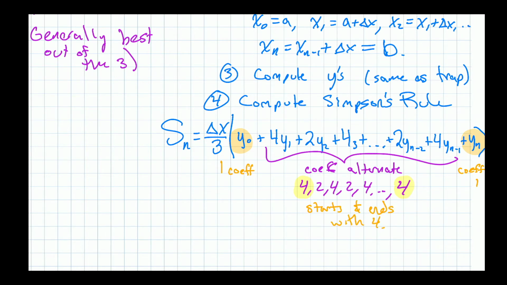So in the formula for Simpson's rule, it goes 1, 4, 2, 4, 2, however far you go, and then it ends with a 4, and then the 1. So that's the way it goes.